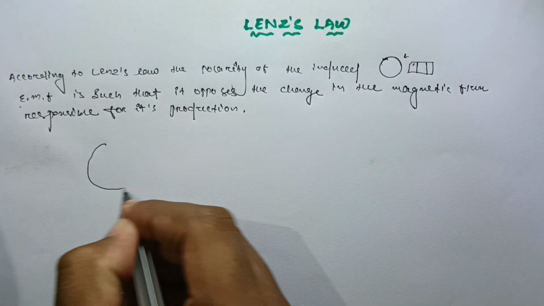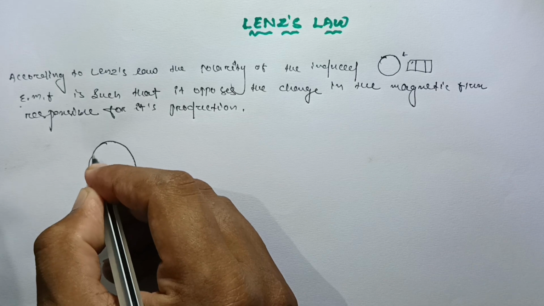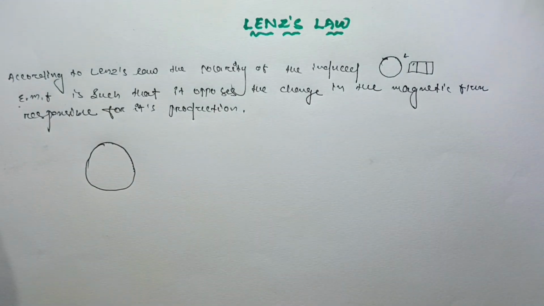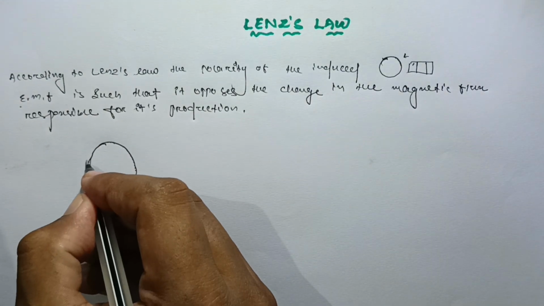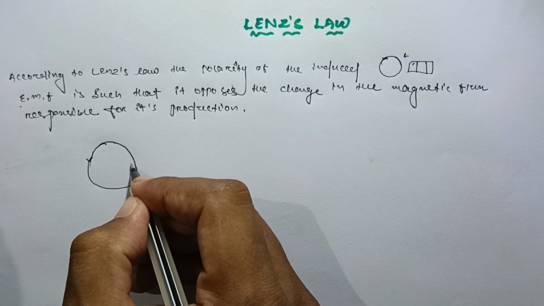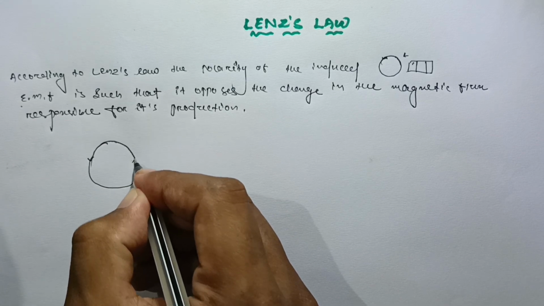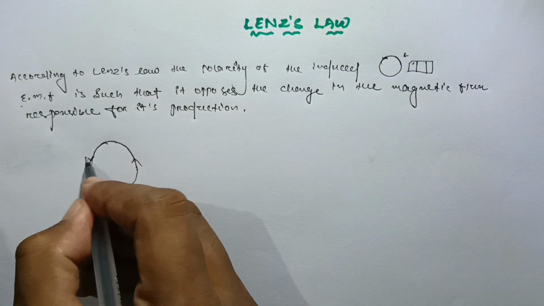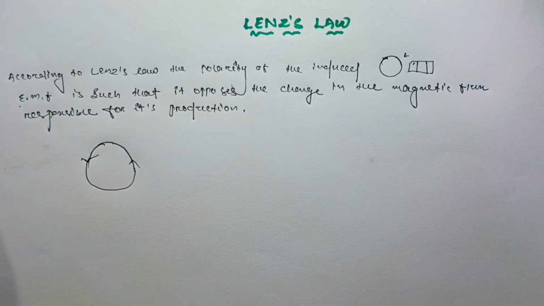Consider this is a coil, and the current is flowing in anti-clockwise direction, right? So what will be the magnetic flux direction?